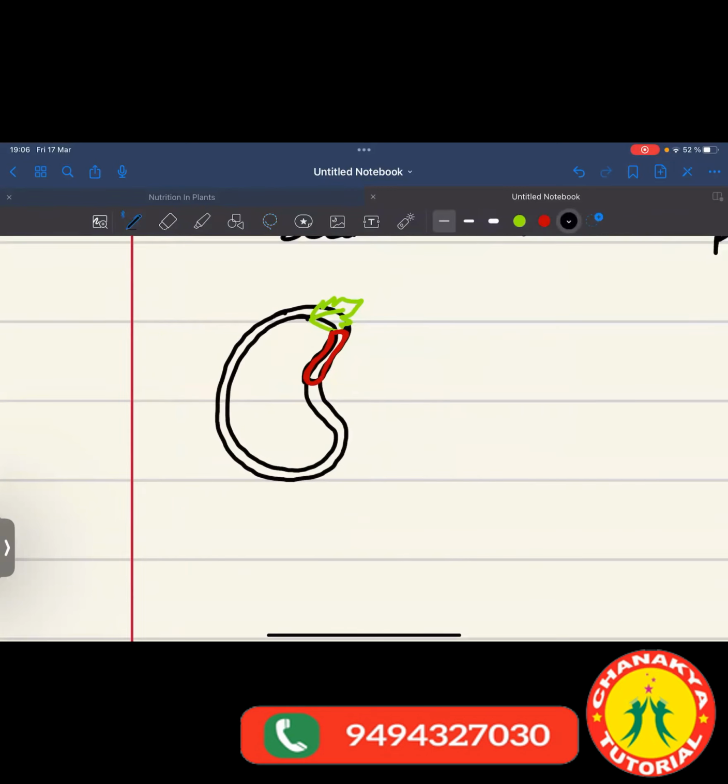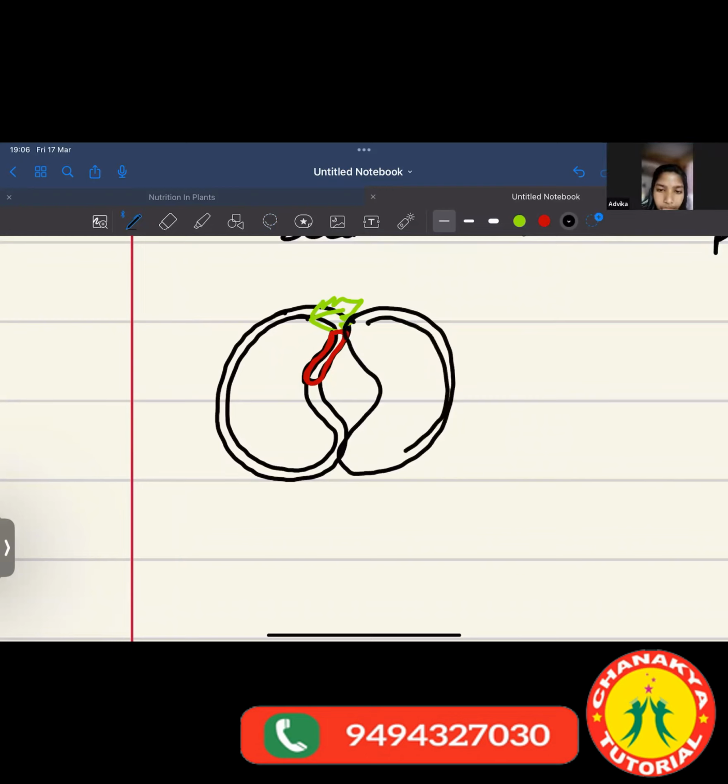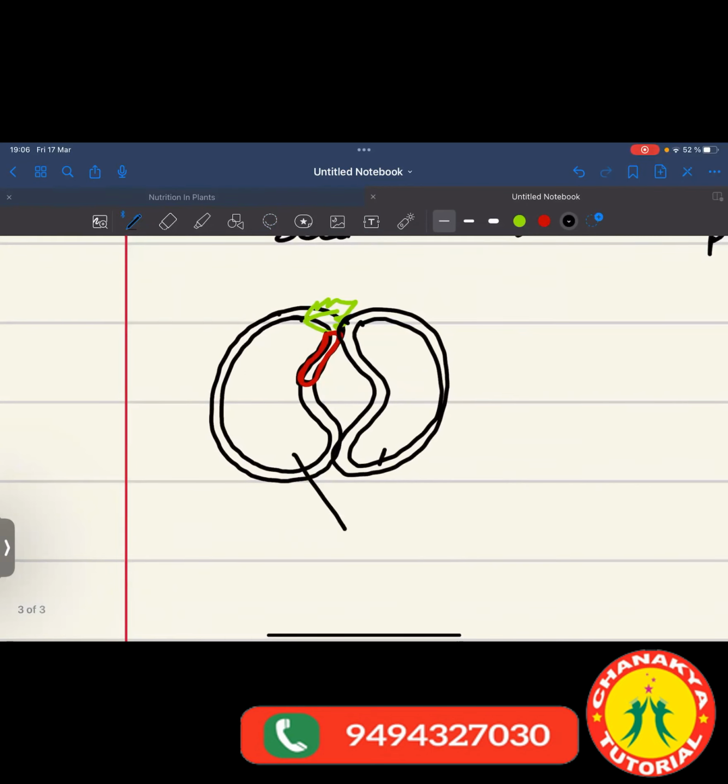Okay, so you have another portion like this. Here also. Like when we open it, inside a fruit you can see seeds like this. So these two parts are known as cotyledons.